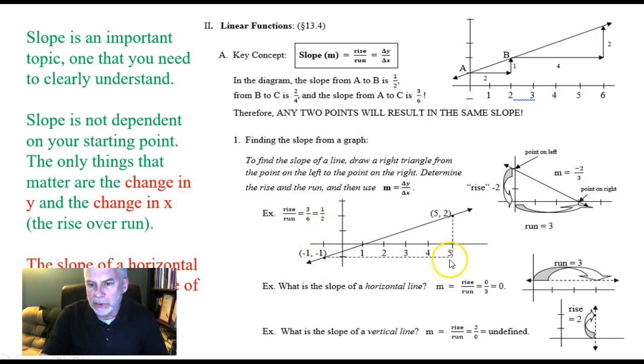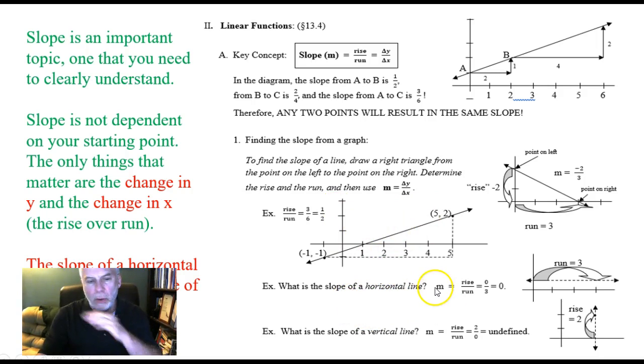Or you could start from the level of -1 and rise up here 1, 2, 3 units. So your rise is 3. Your run would be 1, 2, 3, 4, 5, 6. So from -1 to +5 is a run of +6. So the rise over the run is 3 over 6, or 1/2 in this picture.